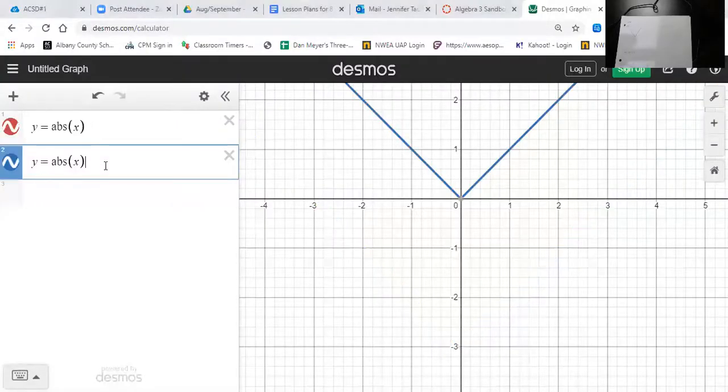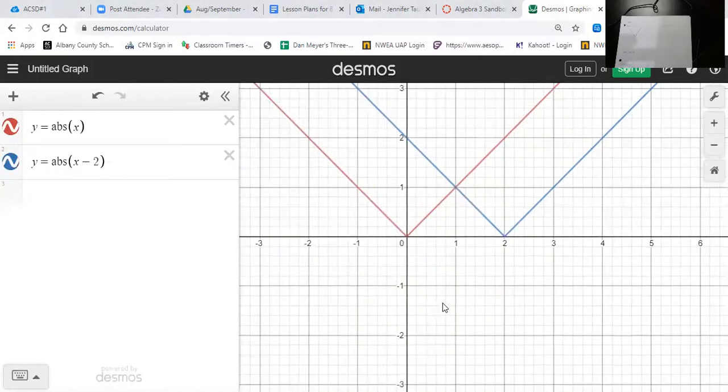Okay, back to Desmos we go. All right, we already have the absolute value here, but now I have this -2 on the inside. Huh. What happened to the graph when I put the -2 on the inside of that grouping symbol? Well, our vertex is now over here.